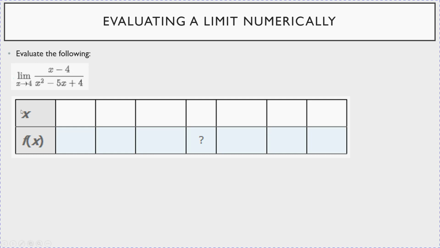What's really interesting is if you just take 4 and plug it into this, if our function f of x is equal to x minus 4 all over x squared minus 5x plus 4, and you look at what f of 4 is equal to, you get 0 over 0, which is that indeterminate form. So the function is undefined for x equal to 4.